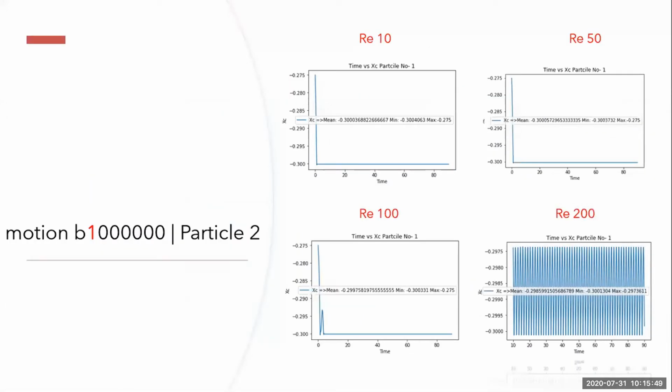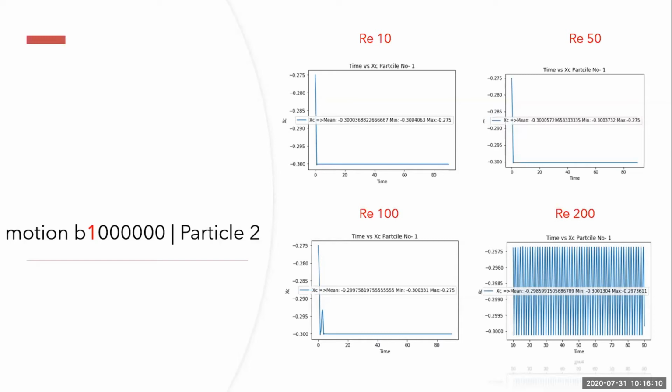So when gathering data in simulations of open cavity flow, we wanted to see how these quantities change as we increase the Reynolds number. One example is position. Here we have 4 graphs, with each graph increasing the Reynolds number, graphing the second particle in a 1 degree of motion.